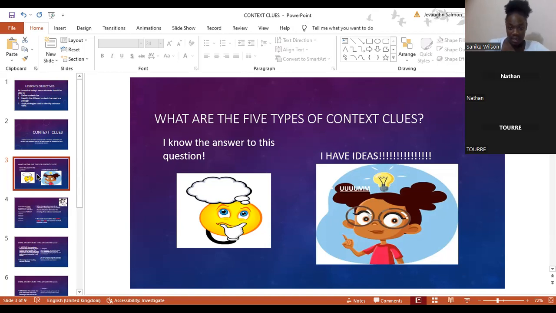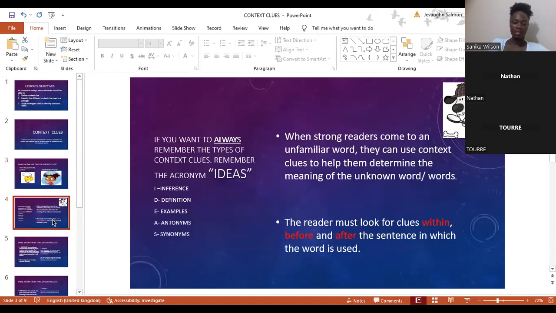All right, so from our slide that is now on, the question asks, what are the 5 types of context clues? And the girl on my right says, I have ideas. So she should know what the 5 types of context clues are.